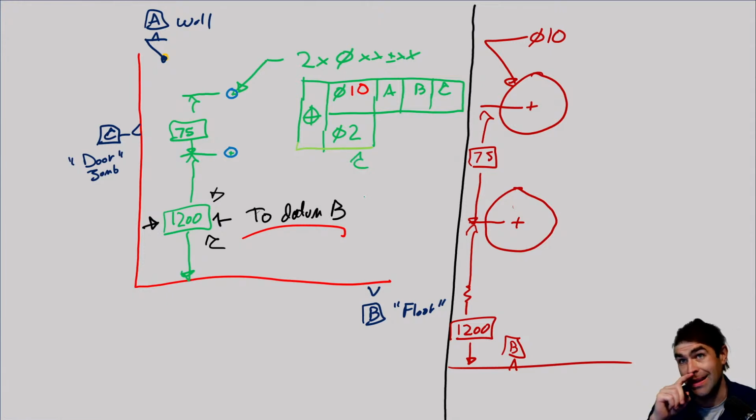Now, the way I would encourage you to imagine this is you're going to have two 2 millimeter tolerance zones on a string. So imagine here's the center of my first tolerance zone. Here's the center of my second tolerance zone.